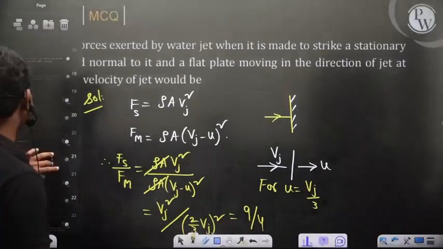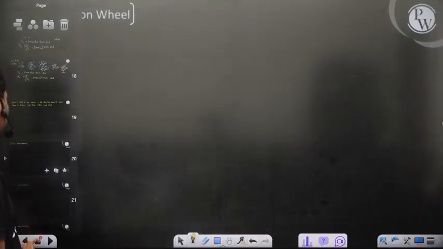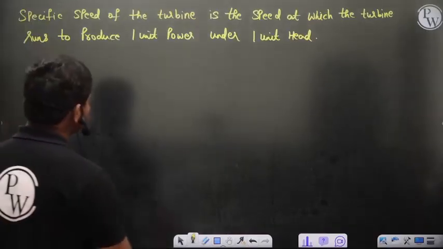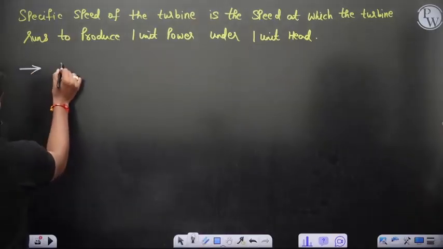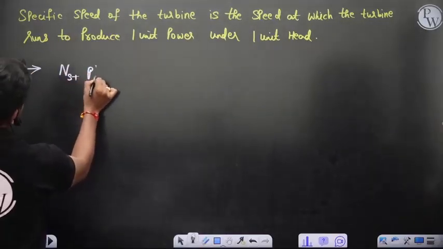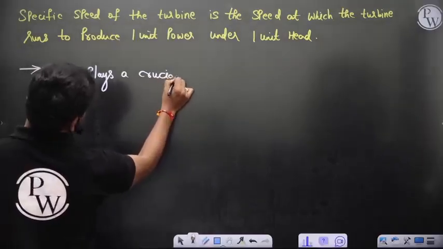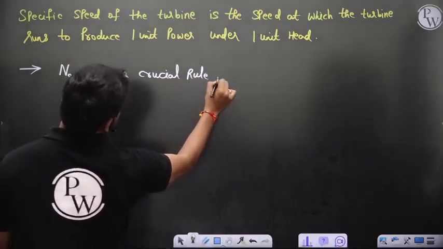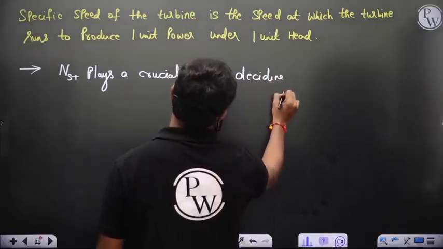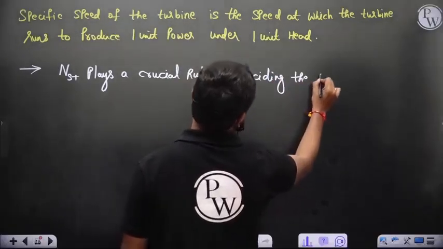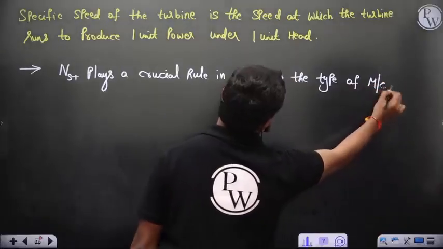Let us go for a discussion on Pelton wheel. I'd like to add one statement here before I go to the Pelton wheel. NST plays a crucial role in deciding the type of machine to be used.